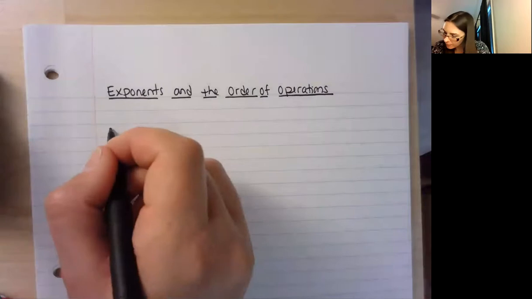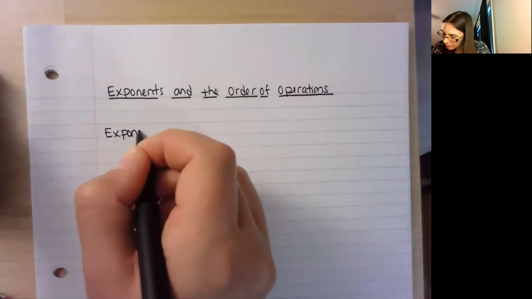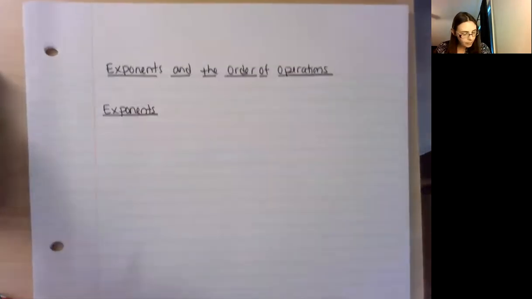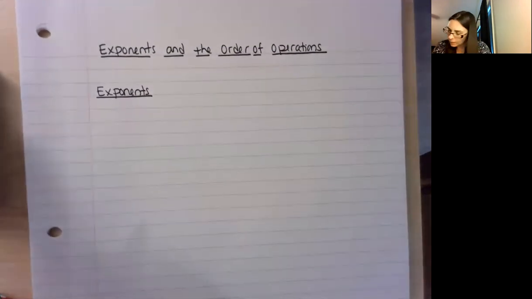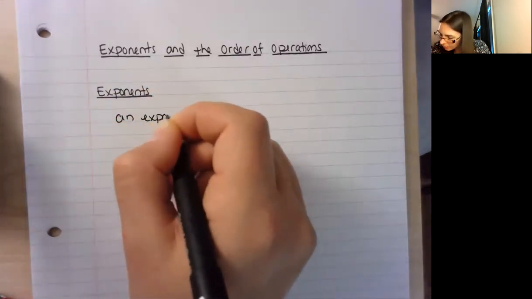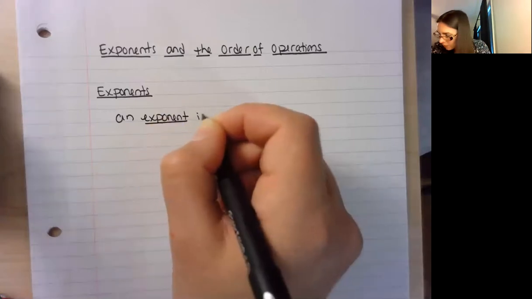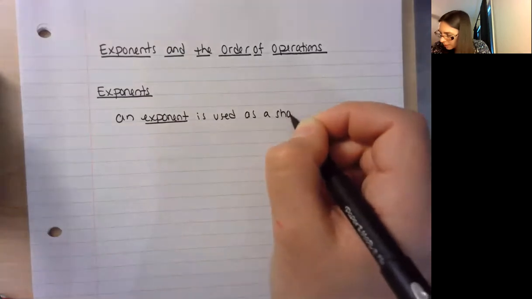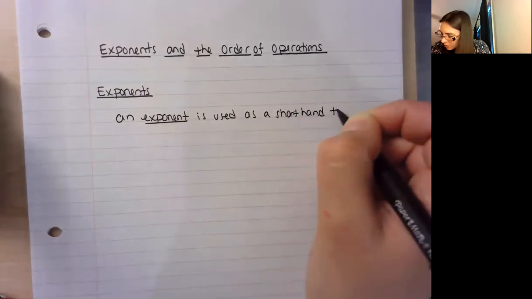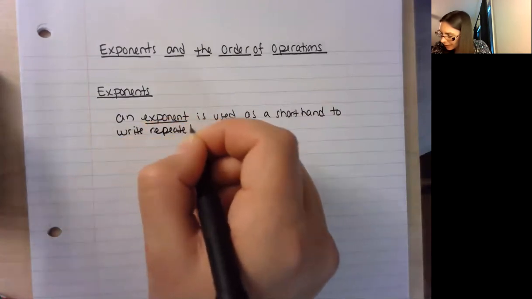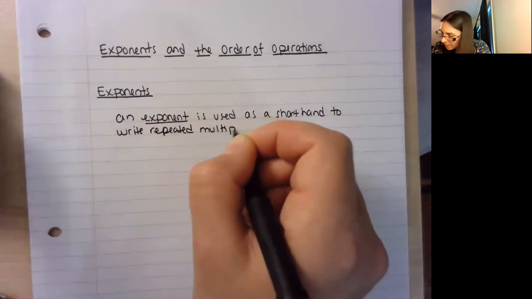Okay. So first of all, let's start with exponents. Okay, so an exponent is used as a shorthand to write repeated multiplication.